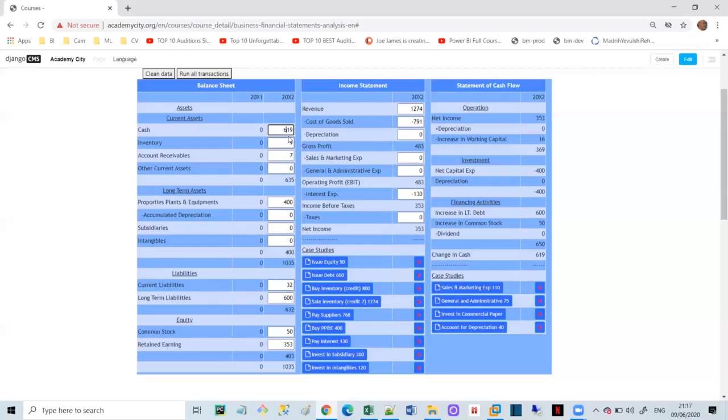So my cash went down by 130, and my profit didn't go up by as much as I thought, 483. It only went up by 353. So here I will see 353, it's going up not by 483 as before, but 130 less. So the cash goes down, and the equity goes down by 130. That's the effect of paying interest.